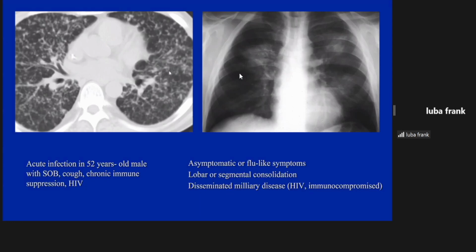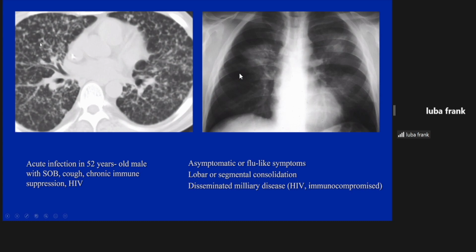This is an additional case of blastomycosis, but this is a disseminated type of blastomycosis and acute disease. On the right, on my right, you can see that these are mass-like opacities, ill-defined, and they look like maybe lobar or segmental consolidations.